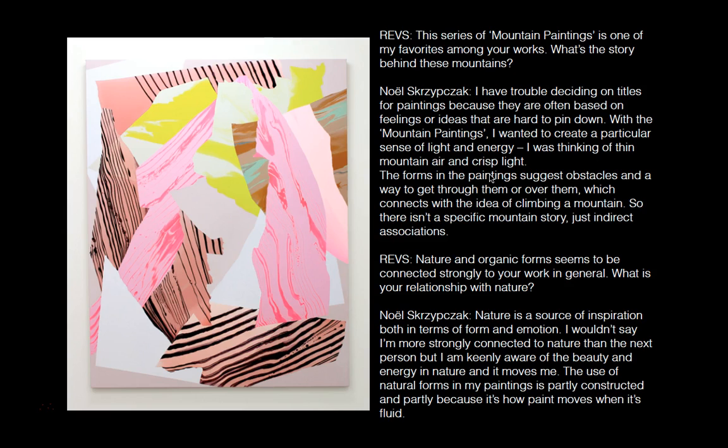It's not like, oh, this is this mountain and I'm making it look like this mountain, but taking a metaphoric approach to it. So being inspired by nature in organic forms. Noel says that nature is a source of inspiration in terms of form and emotion. So we can take something tangible and think on it deeper and how we could represent something.